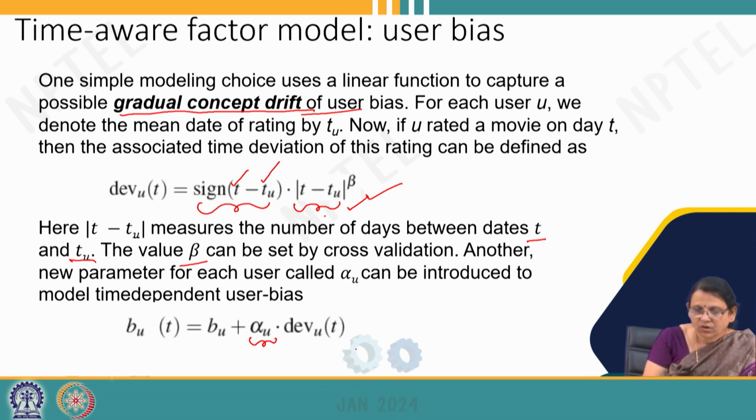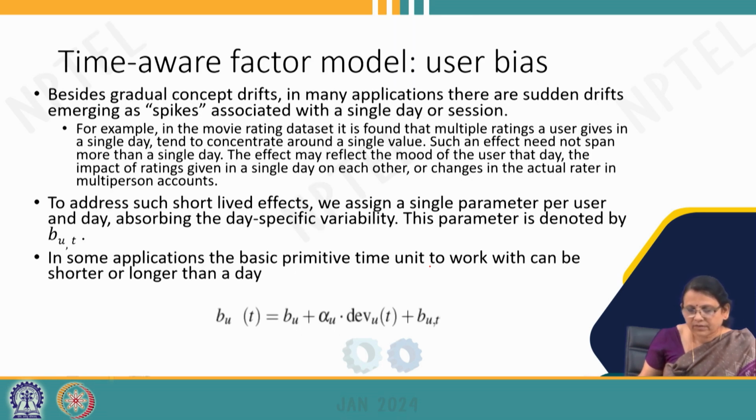So, how do we determine this new parameter alpha? This can be determined experimentally through cross validation. So, with this idea, we model this not only with this, but we add one additional term. Now, what is this additional term?